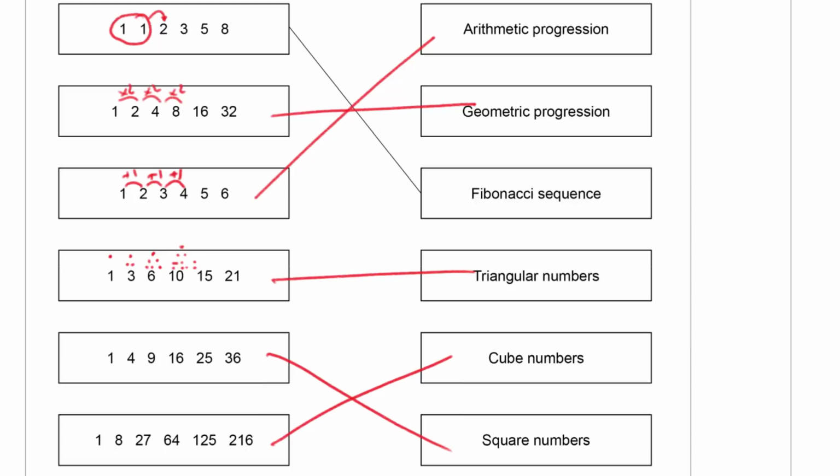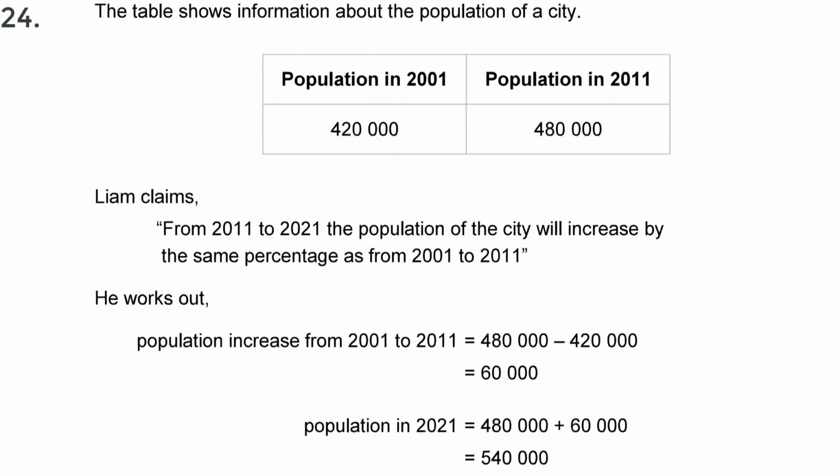Okay, all done. So the table shows information about the population of a city. We can see the population in 2001 was 420,000, and the population in 2011 has gone up. It's now 480,000. Liam claims from 2011 to 2021, the population of the city will increase by the same percentage as from 2001 to 2011.